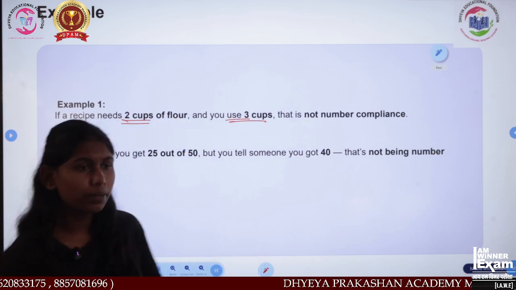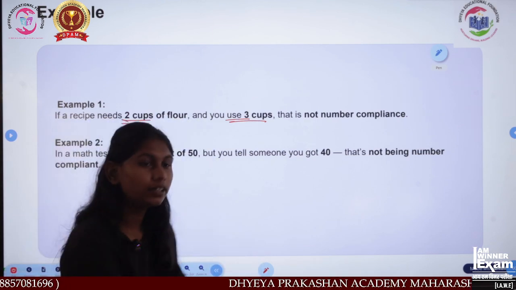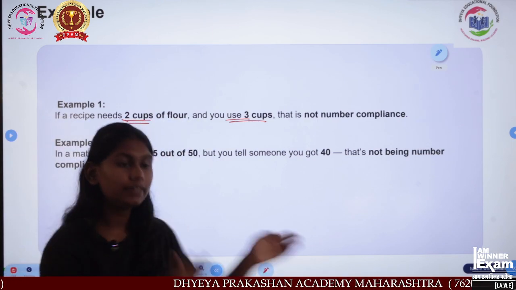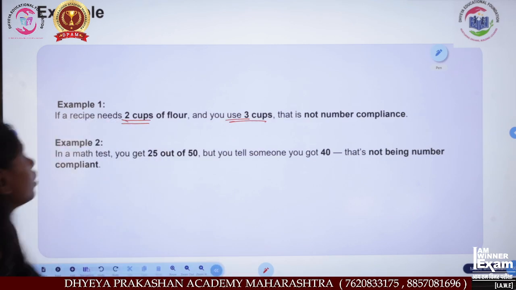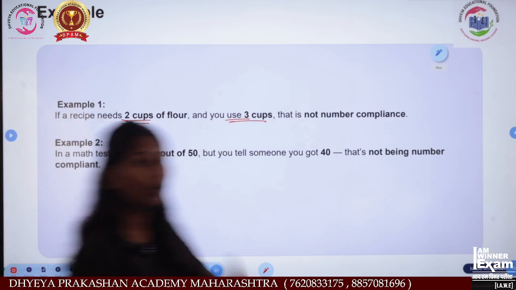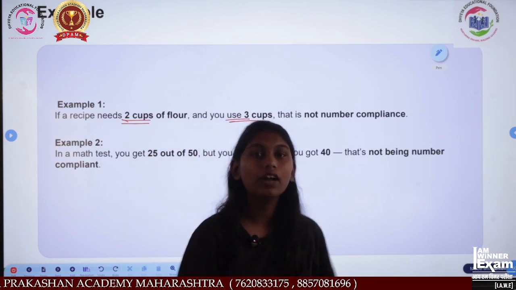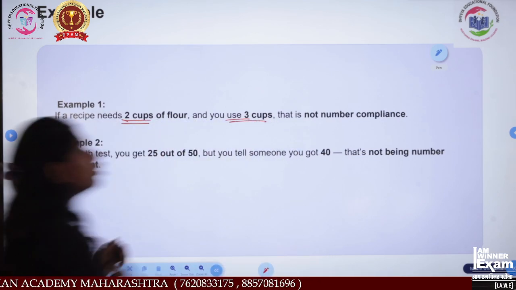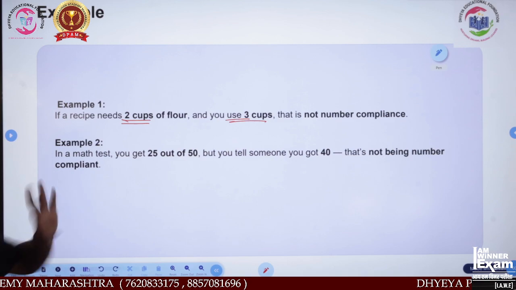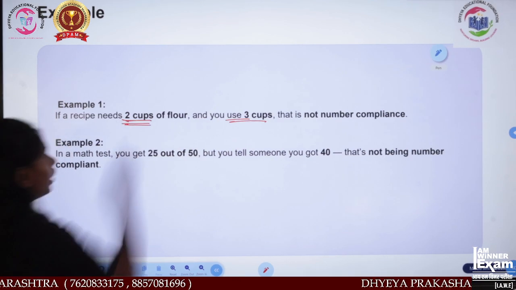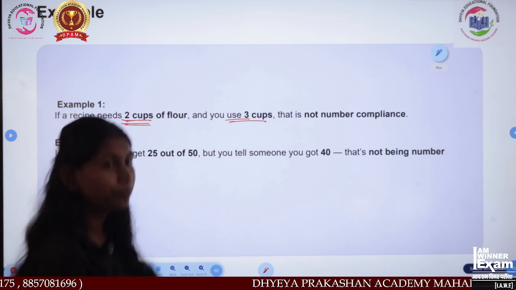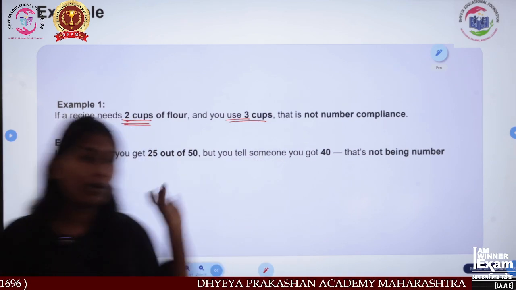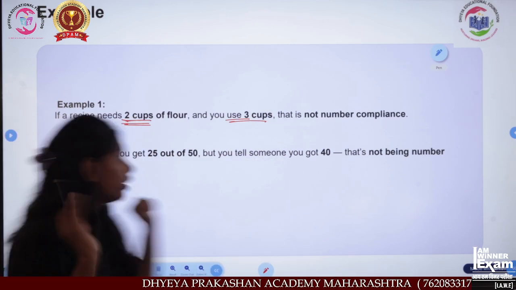What is meant by number compliance? That someone is instructing you and you are following the instruction related to the numbers is known as number compliance. So if the recipe needs 2 cups of flour but you are adding 3 cups, the measurement will be disturbed, and maybe your cake doesn't turn out well.